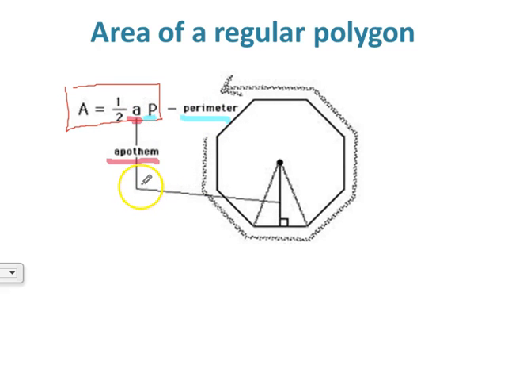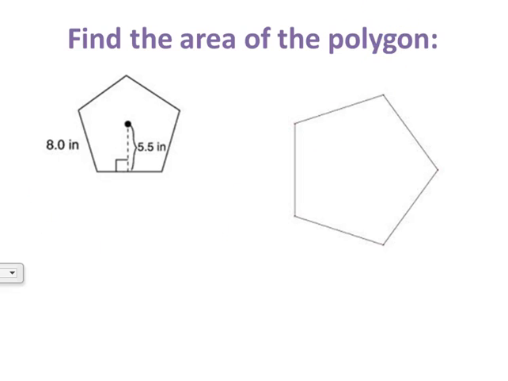It's important that you understand what the variables represent in the formula to find the area of a polygon. Area equals 1/2 a times P. Let's go ahead and use that. Let's find the area of this polygon right here.